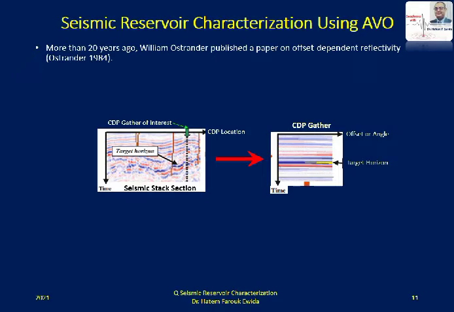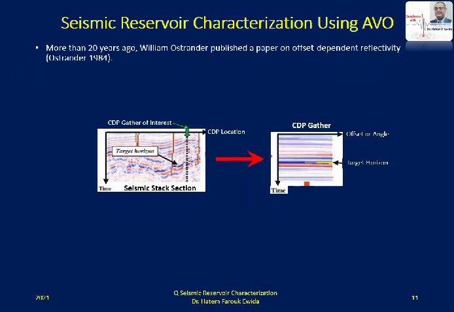So if I have a seismic section, this is a normal vertical seismic section. This reflector here is the target, and as you know, this axis is two-way time, and this axis is the CDP location. If I choose a CMP location that hits this reservoir, this target zone, I can go back to the pre-stack, because this is a stack section.